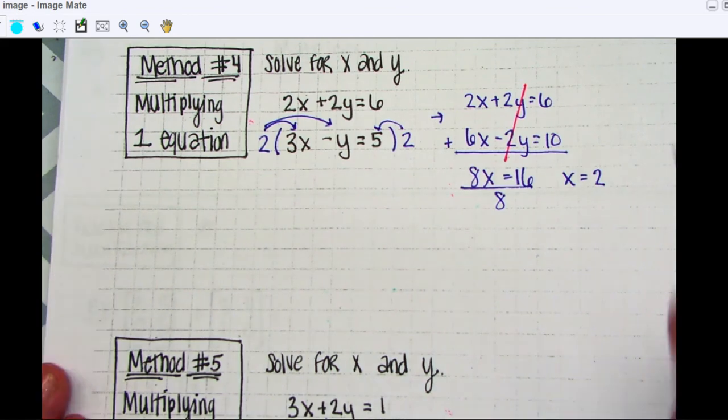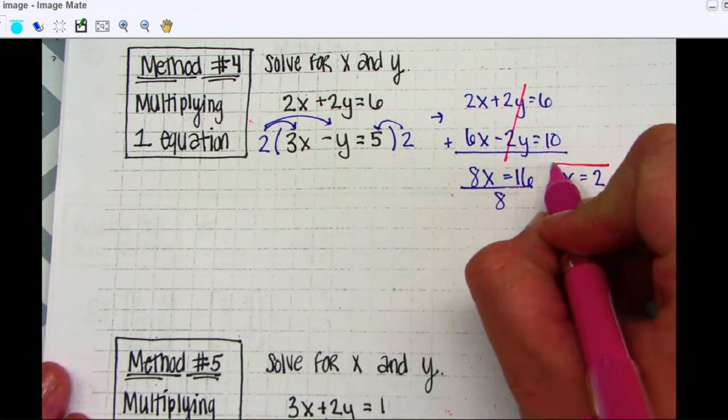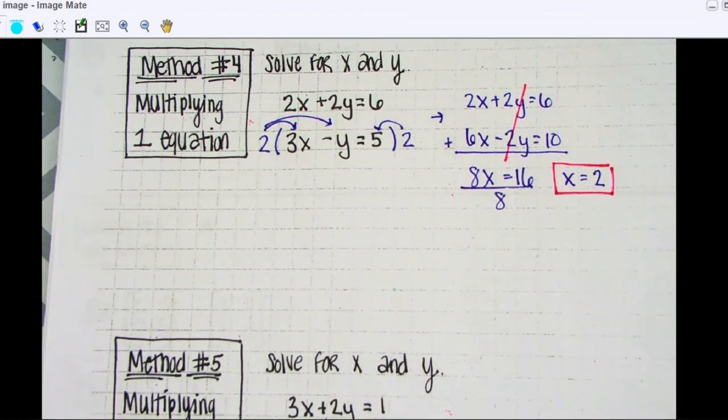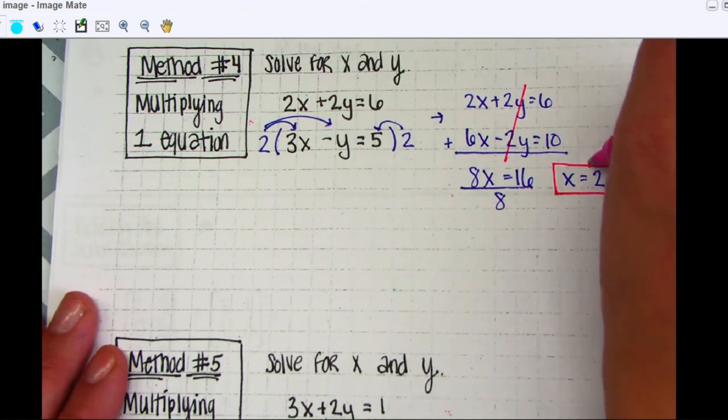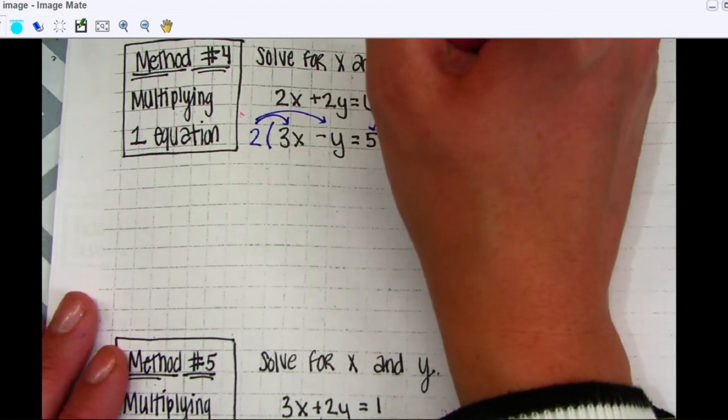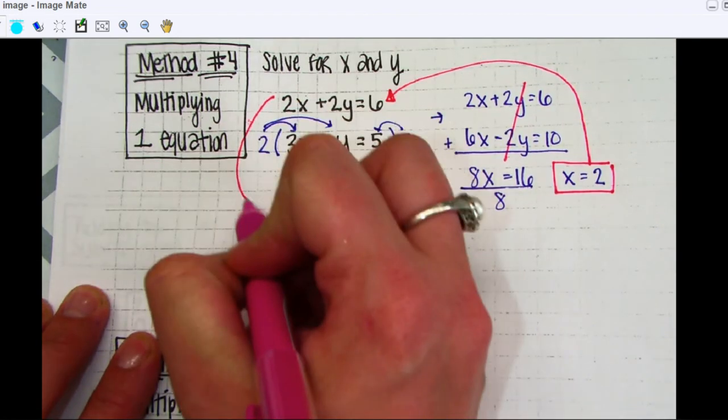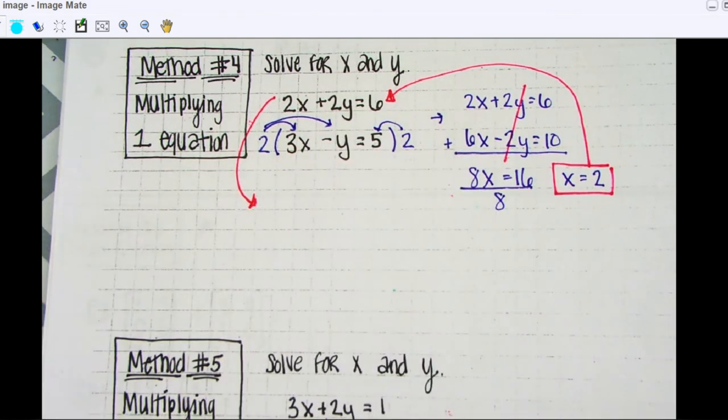From here, remember, we're going to take this value and plug it into the original. You're not going to plug it into 6x minus 2y, the one that we multiplied. You always want to go back to the front. So I'm going to go to this top problem, and I'm going to substitute down here. It's a lot of arrows.